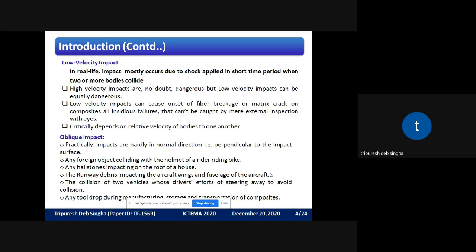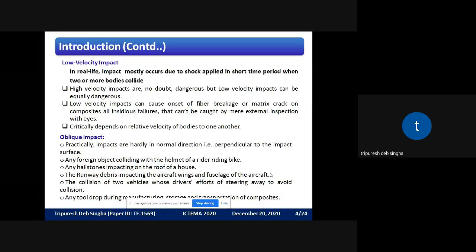The low velocity impact causes different types of breakage, like fiber breakage and matrix cracks of the composites, which are not visible from the outside, but can be detectable. It also causes debonding between the face sheets and the cores, which is very dangerous, particularly for components used in aerospace and aircraft applications, where the damage may cause catastrophic failure.